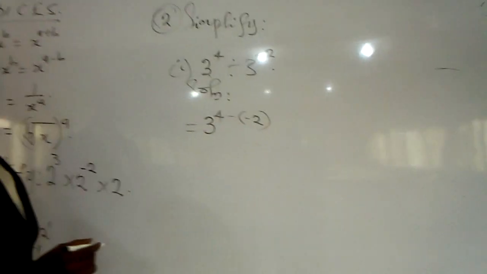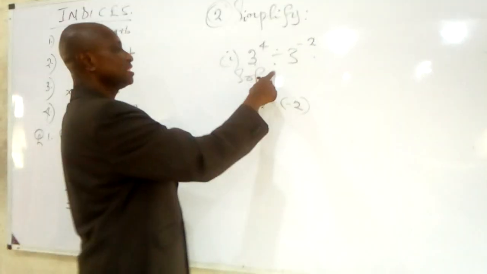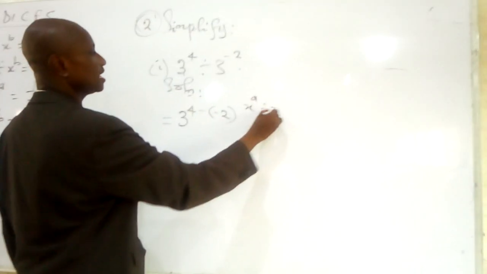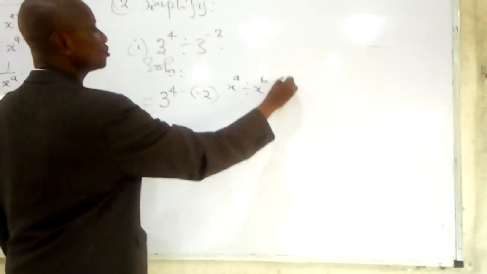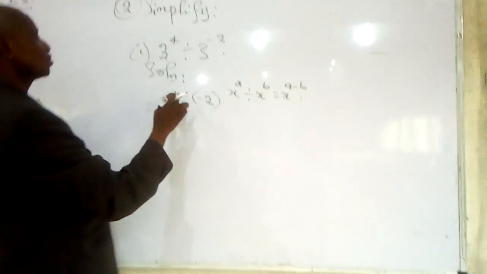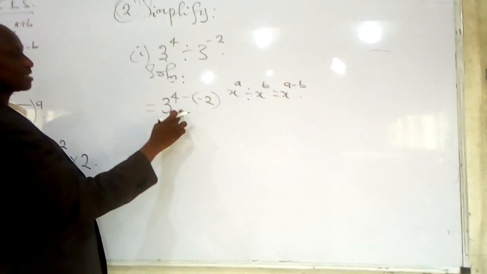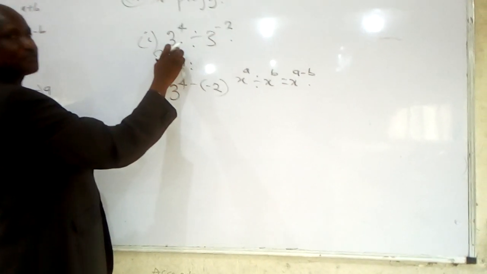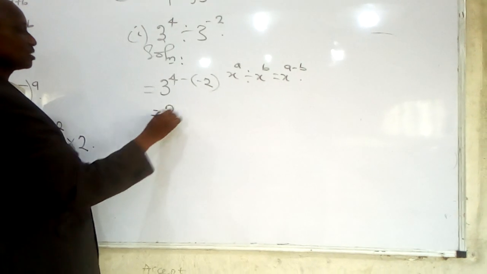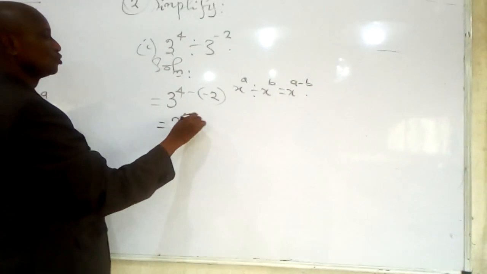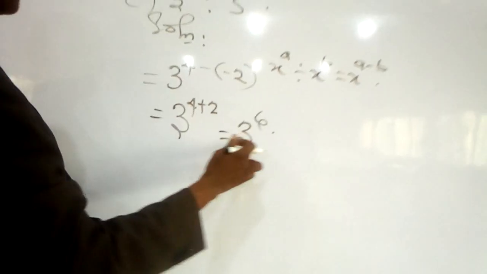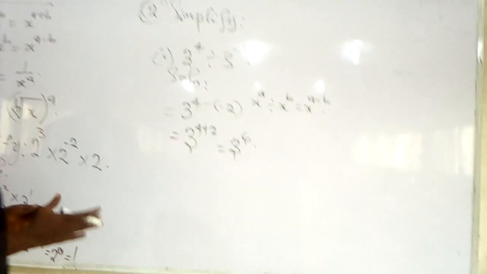Because from the laws of indices, we know that whenever we divide, if we have x raised to the power a divided by x raised to the power b, it becomes x raised to the power a minus b. So whenever we divide, we subtract the exponents. These are called exponents, the power value, and these are the base values. So this gives you 3 raised to the power 4 plus 2, and that amounts to 3 raised to the power 6. And this means 3 times 3 times 3 in 6 places to get the actual value.